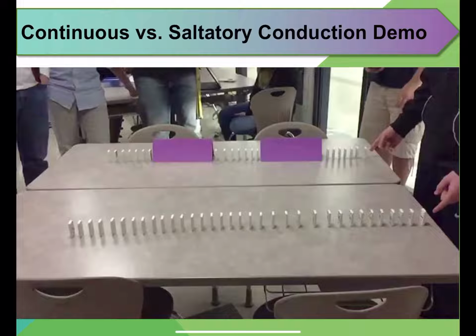So here's a good demo video that shows the difference between continuous versus saltatory propagations. Imagine that each of these dominoes here represents a sodium ion channel, for example. Okay? And what you have here in comparison is the one here with the purple paper is myelin.